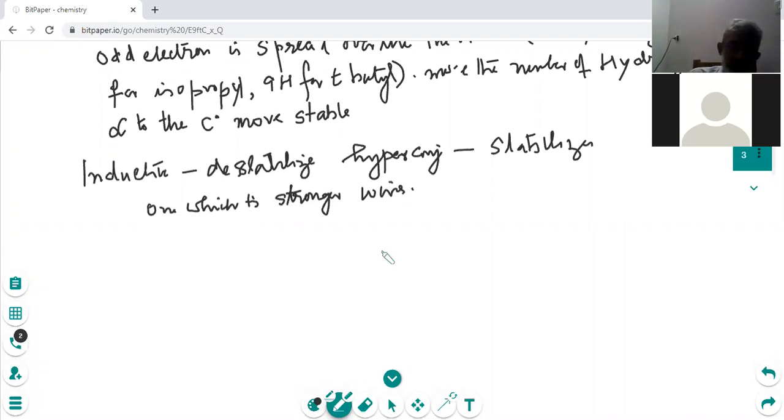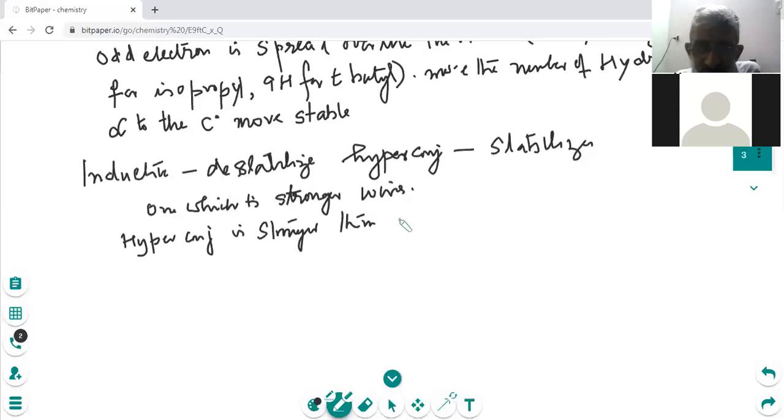Now hyperconjugative effect is stronger than the inductive effect.